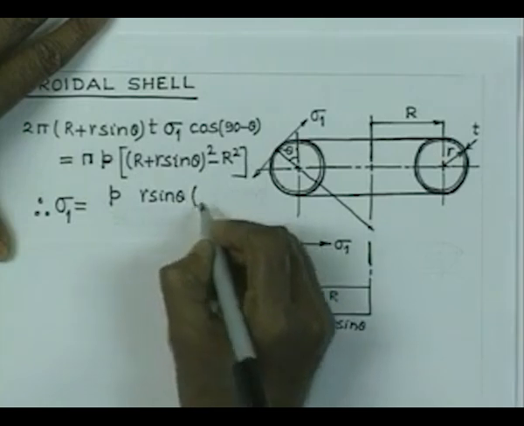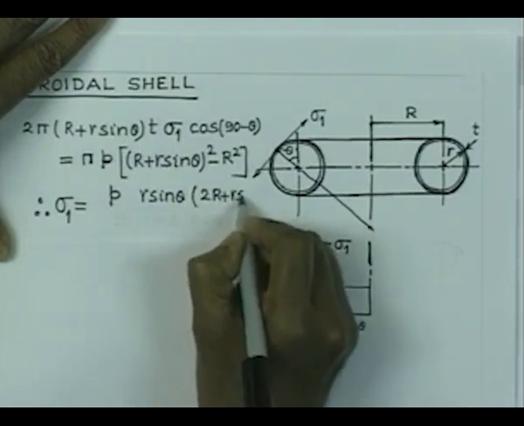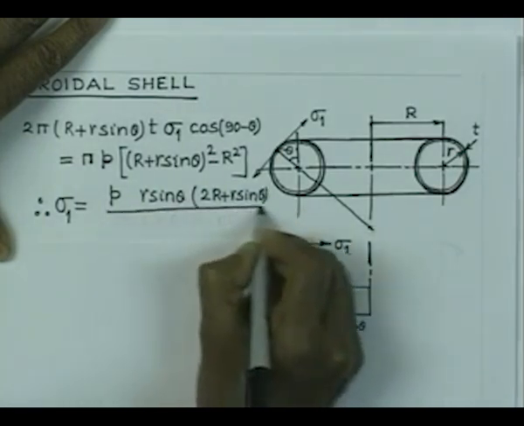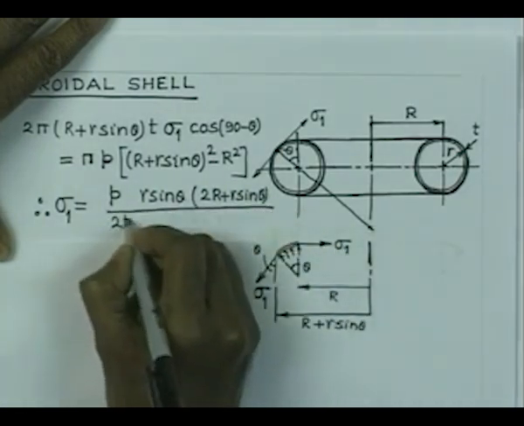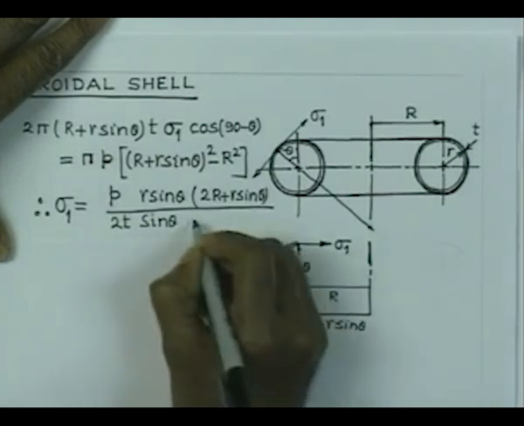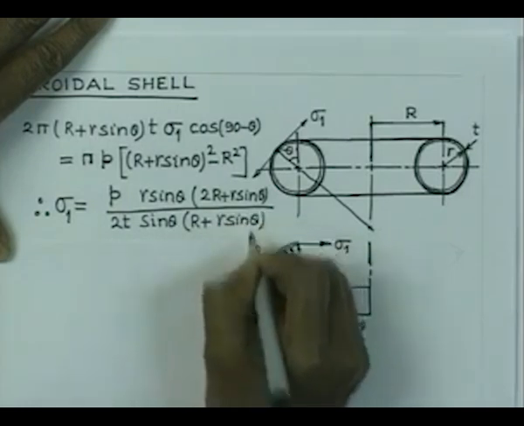So we can write that this is 2 R sin theta divided by 2 T sin theta into (R plus R sin theta).